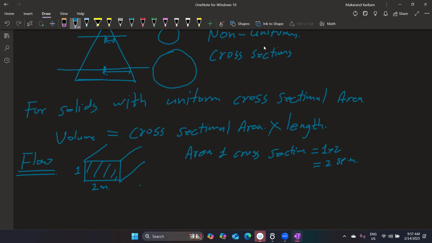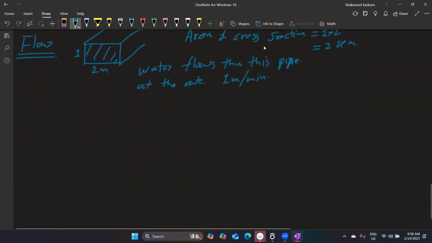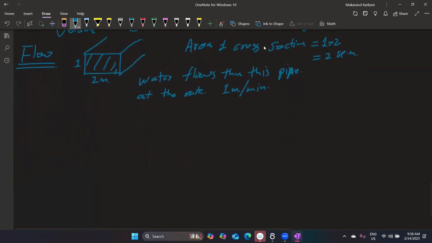Now, water flows through this pipe at the rate of 1 meter per minute.